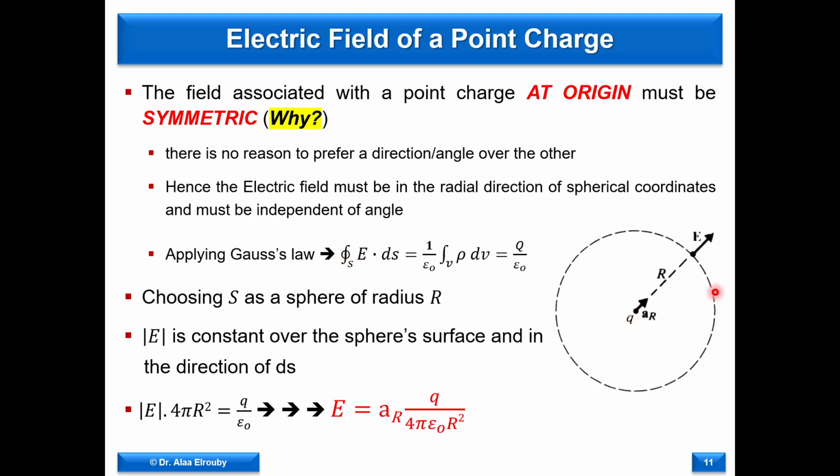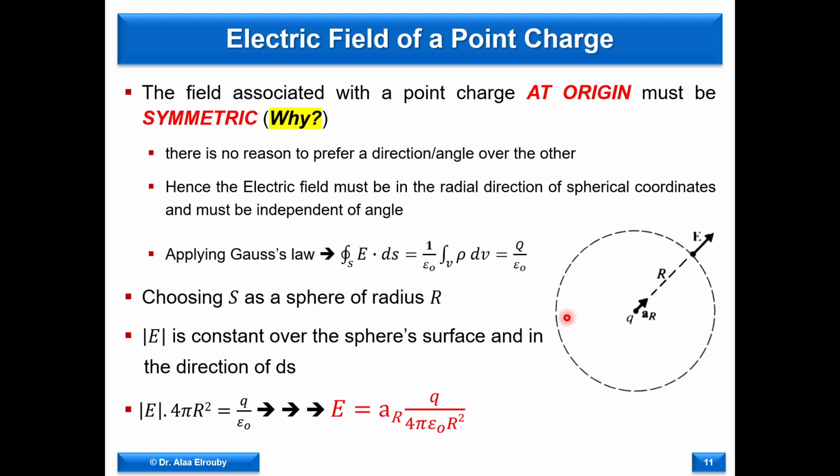So the electric field is either going out or going in. It can't be, for example, going from left to right. It must be going in the radial direction because of the symmetry. There is no reason to prefer a certain direction over the other.